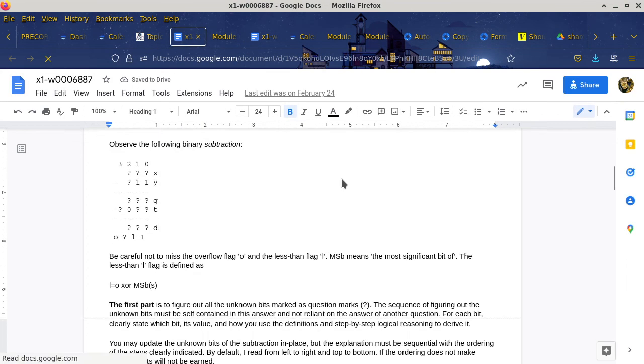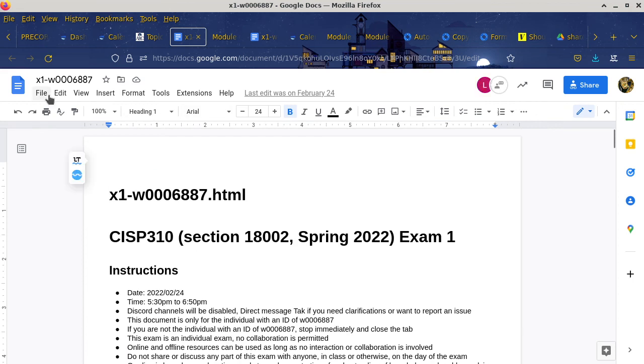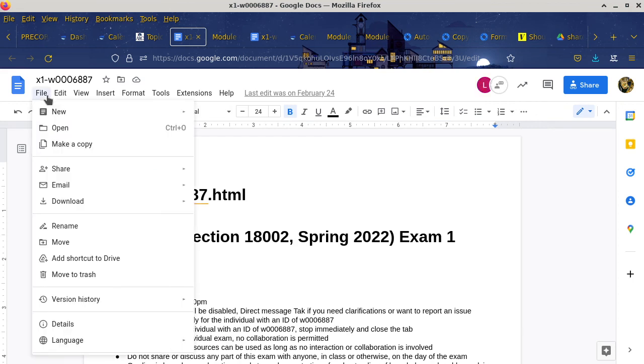What you can do is go to File, and then Make a Copy, so you can have your own copy. Then you have something to work on, just electronically, or if you choose to print it out, that's okay too. Work on it on a piece of paper. It's up to you to decide how you want to approach the exam from last semester.